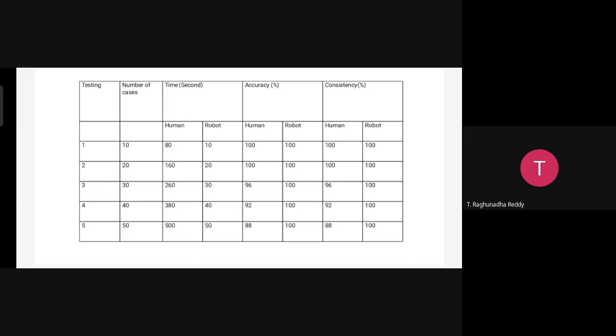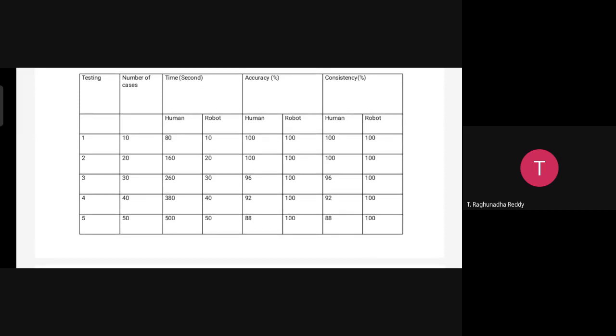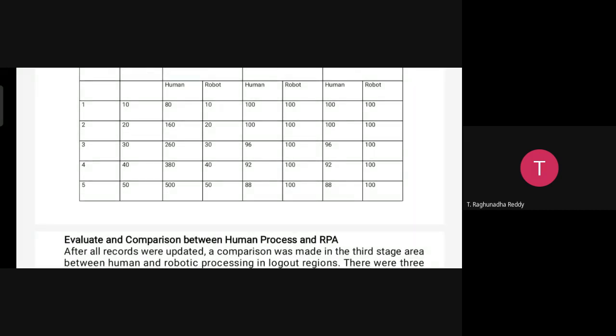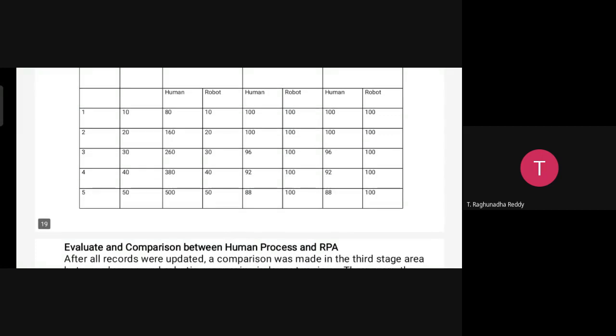When it comes to time, human beings have taken a lot of time, whereas the robots have taken very little time. Even the accuracy: robots have done 100% accuracy, and consistency is almost the same, whereas human beings have decreased accuracy. Human beings have also taken a lot more time than the robot.